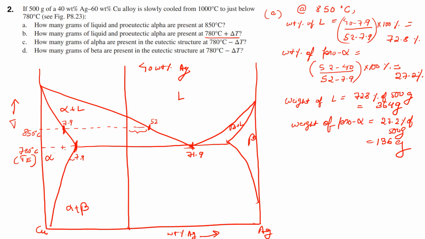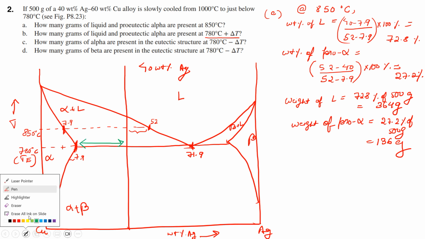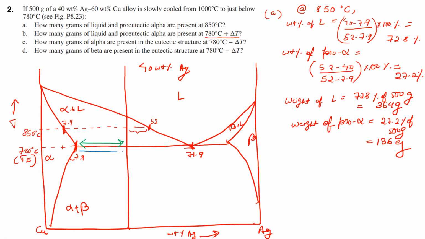So you can get the weight percentage of liquid by this. I'm not going to do it bit by bit, I'll just guide the readers how to do it. Okay.